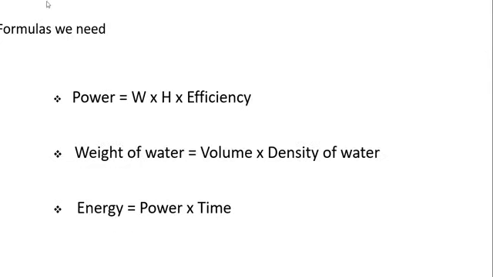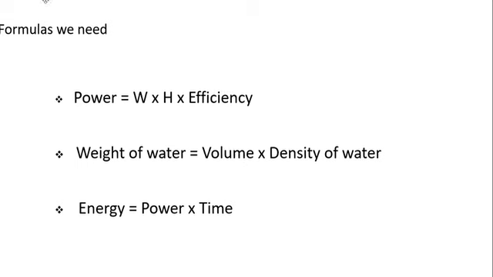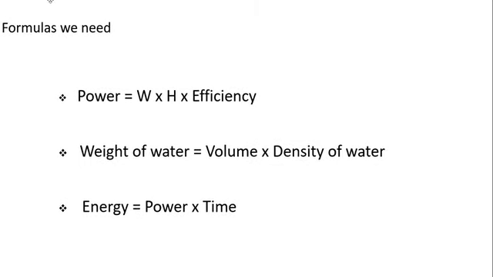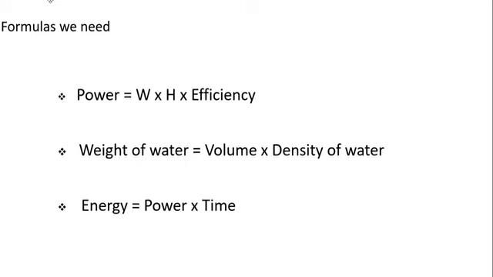Firstly, let me introduce you to some basic formulas which we will need to use in our solution. The first one is the power. Power is equal to W, meaning weight of water, H means height, multiplied by efficiency. This is the basic formula of hydroelectric power plant to calculate power.